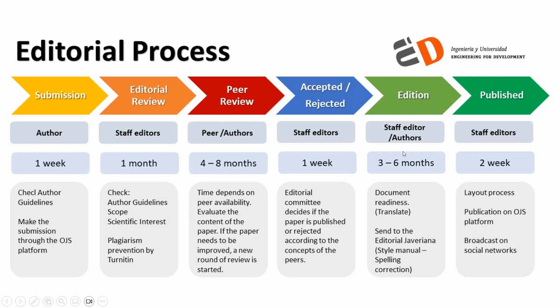Then copy editing, formatting, review, reference checking, duplication checks and other things take roughly 3 to 6 months, and then publication will be 2 weeks. So overall, the publication process takes a minimum of 2 to 3 months and a maximum of 1 year. That time lapse you just need to remember in your mind.